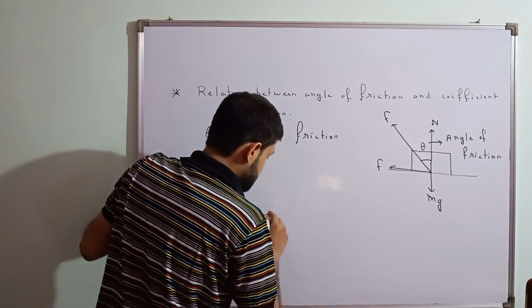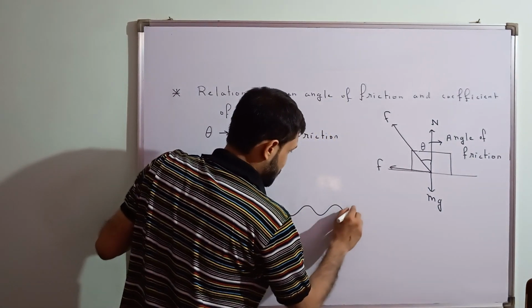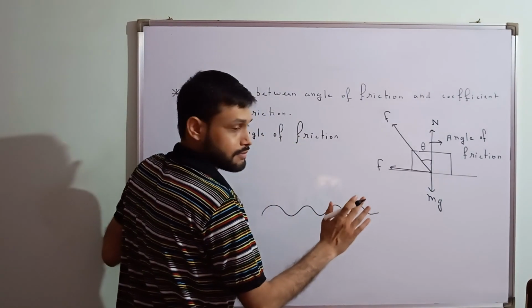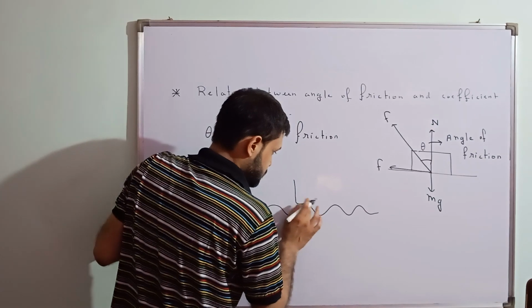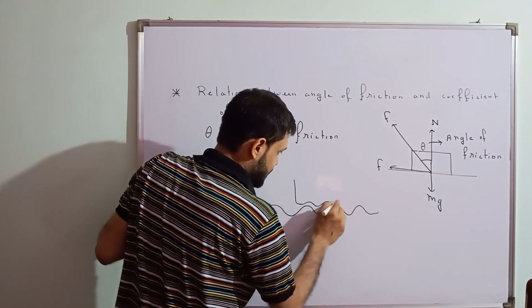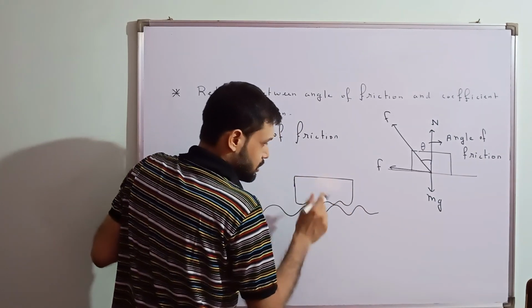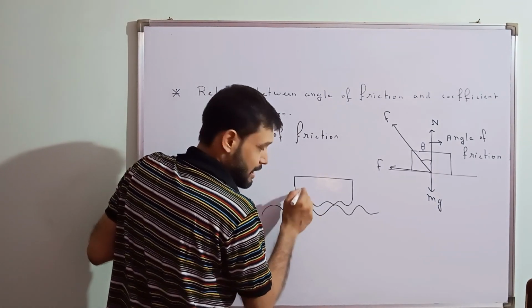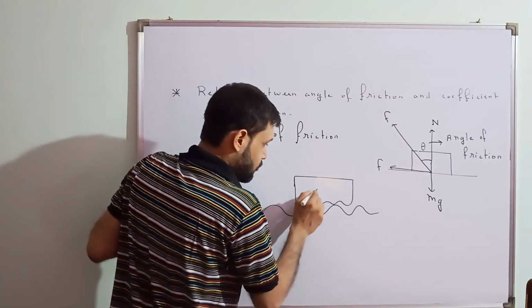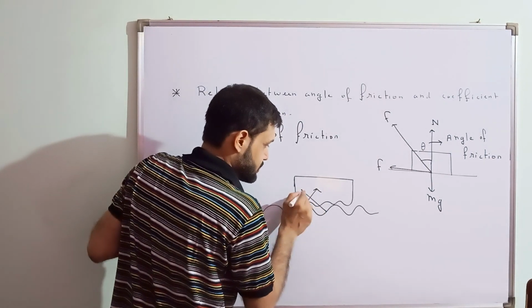I told you that these surfaces on microscopic level, they are like this. And when you keep an object over here, let's say it will also have irregularities like this, and you keep an object over here, what will happen? This surface will apply a force on it. The force will be in an arbitrary direction likewise.